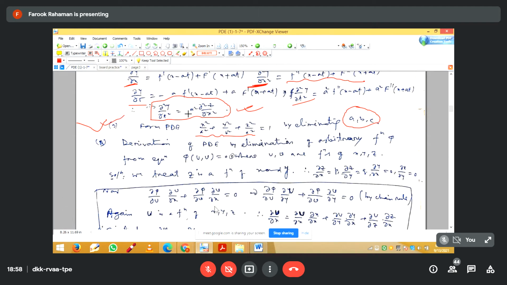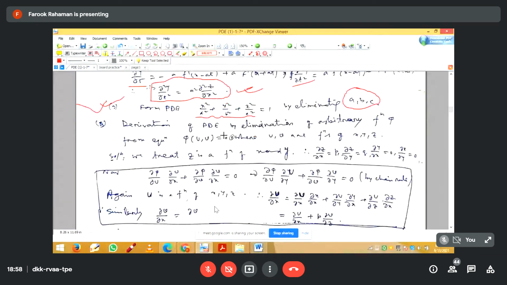Now, this is a very important part of forming a differential equation from an arbitrary given function like this. We can treat this as an example or a theorem, whatever you think. Now, derive the partial differential equation by eliminating the function phi.